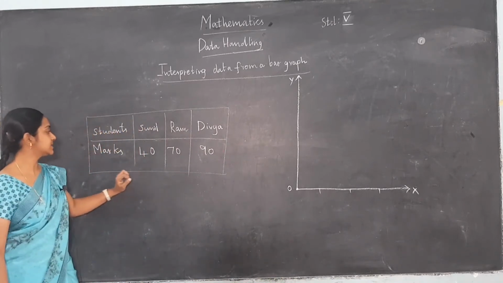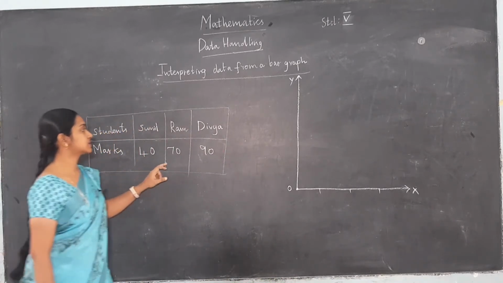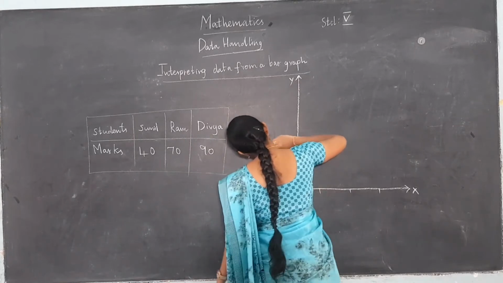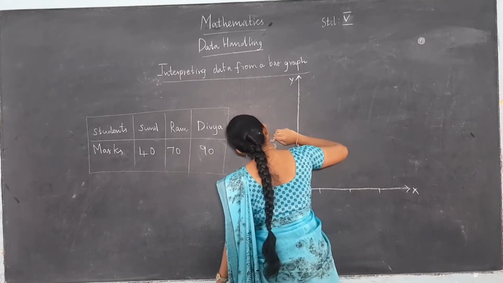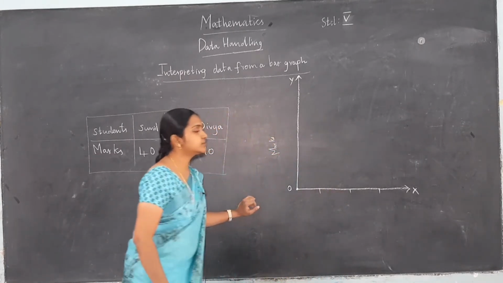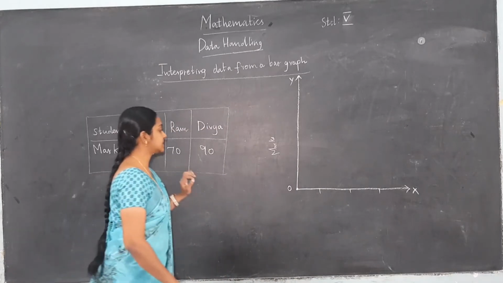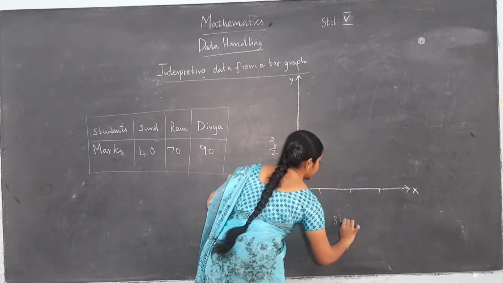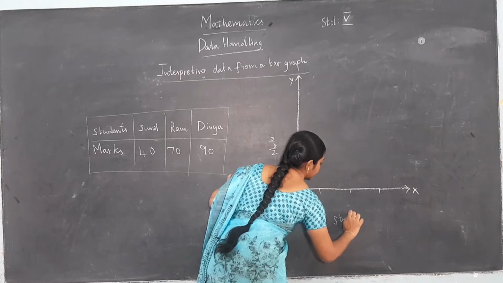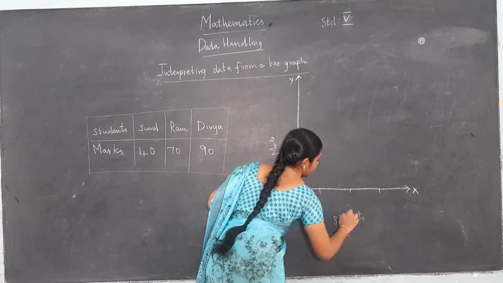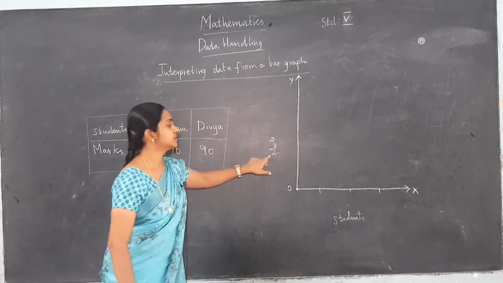For the y-axis, we have to use marks here. I am going to use the x-axis for the students' names. Here the students' marks.